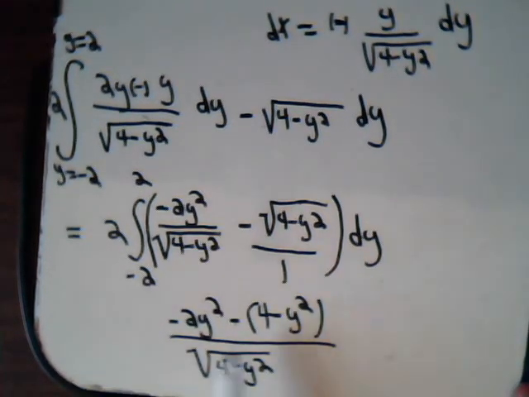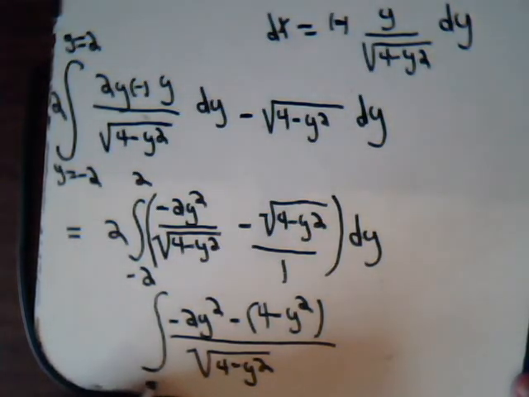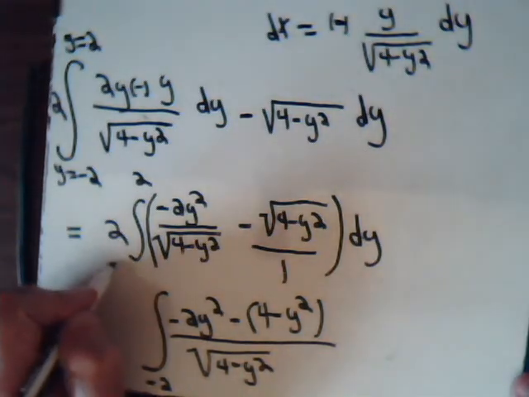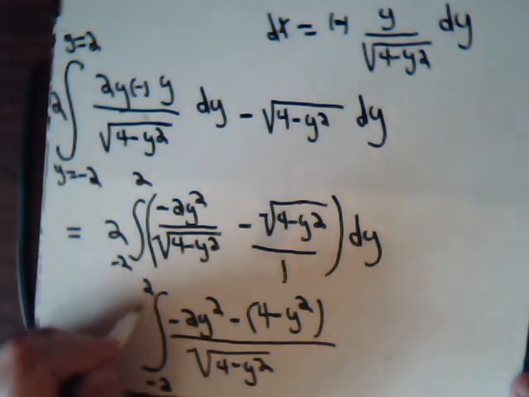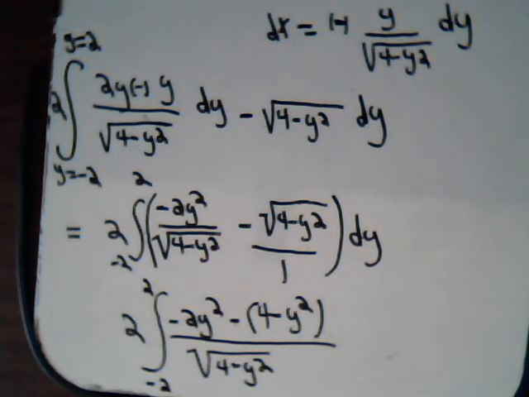Of course, this is inside of the integral sign. Y goes from minus 2 to plus 2, and this is times 2. So that's our expression so far.